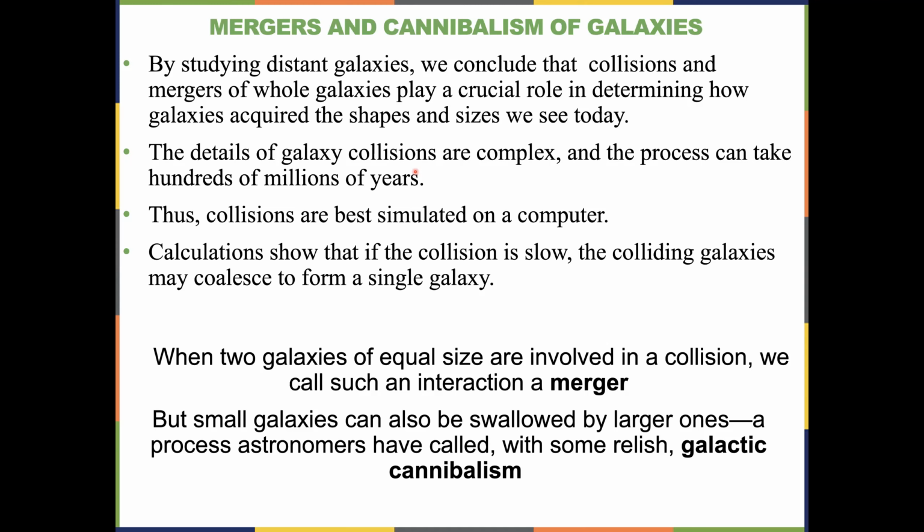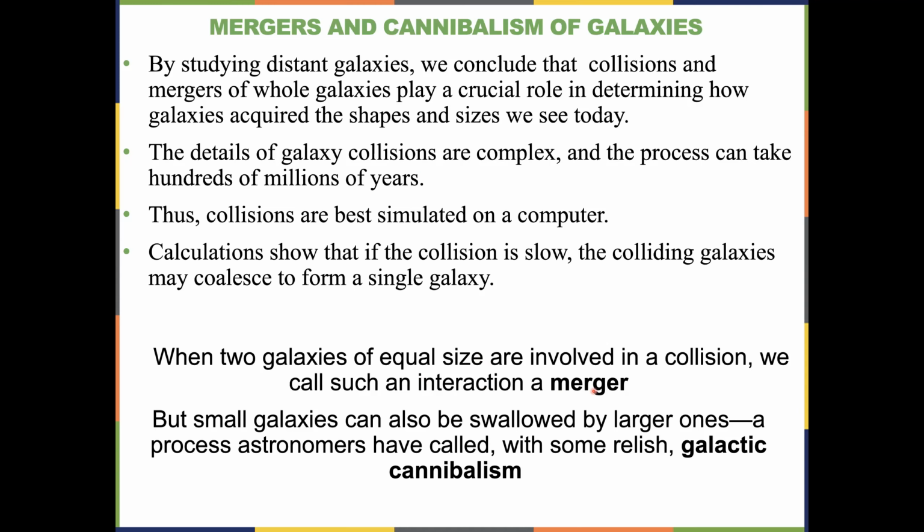What we know up to now is there are different types of collisions, but mainly if there are two galaxies of equal size involved in the collision, we call such an interaction a merger. So rather than colliding with each other, they will merge together to become one galaxy, right?